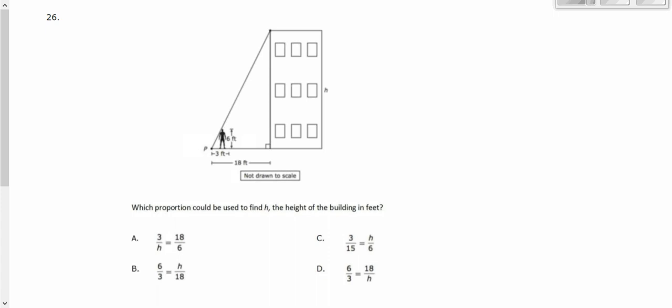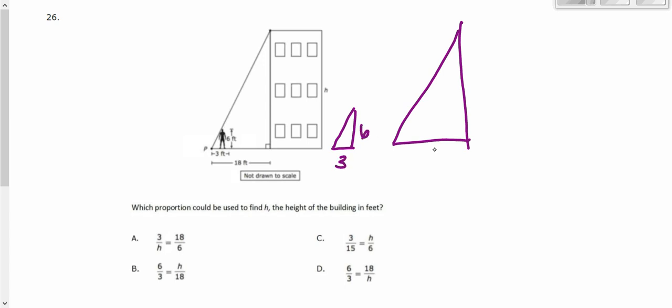So I'm going to redraw my smaller triangle on the outside and then my larger triangle as well, because that helps me. And I have 3 and 6, and I have 18, and I don't know this. So which proportion could be used? Well, I have 6 over 3. 6 would go with my h.